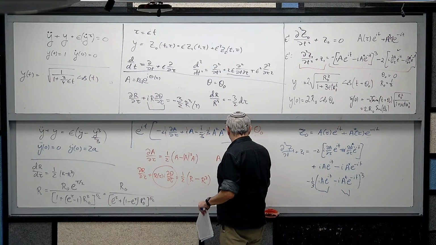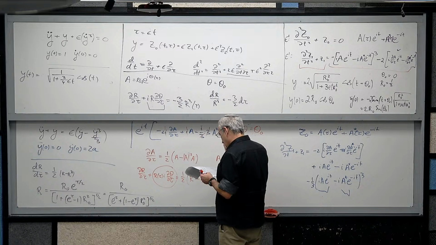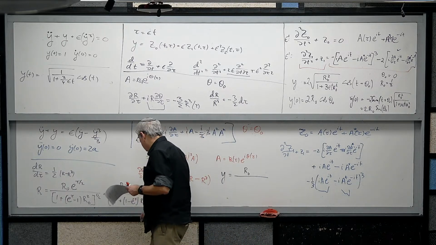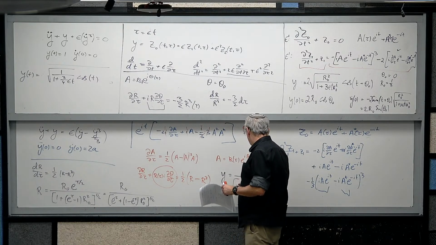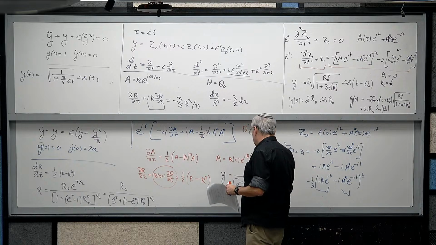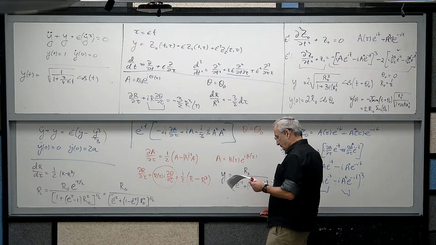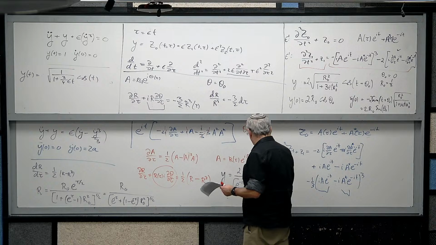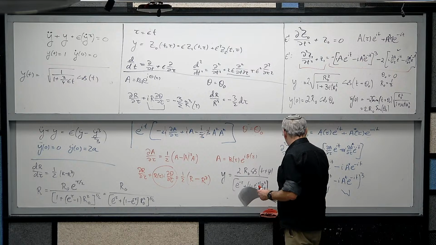So we have this R times e to the minus tau plus 1 minus e to the minus tau times R naught squared, times 2 cosine of t plus phi. You forgot the square root. The denominator. 1/2.